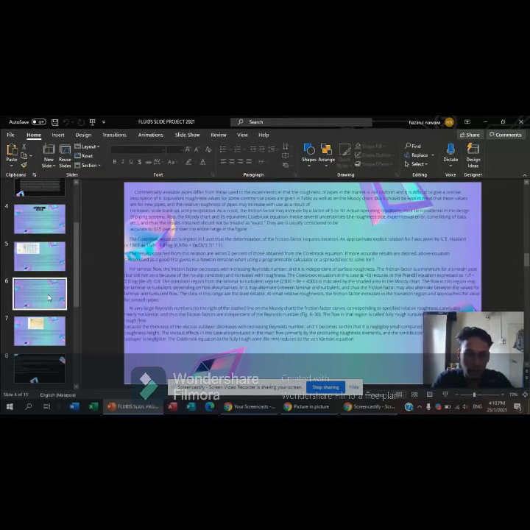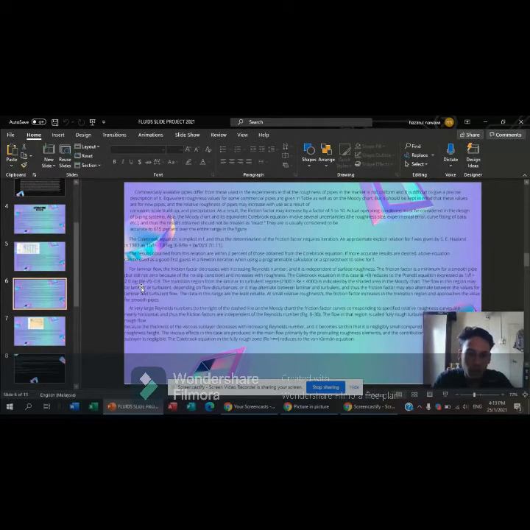Next, the Colebrook equation is implicit in f, and thus the determination of the friction factor requires iteration. An approximate explicit relation for f was given by S.E. Haaland in 1983. This is the equation.